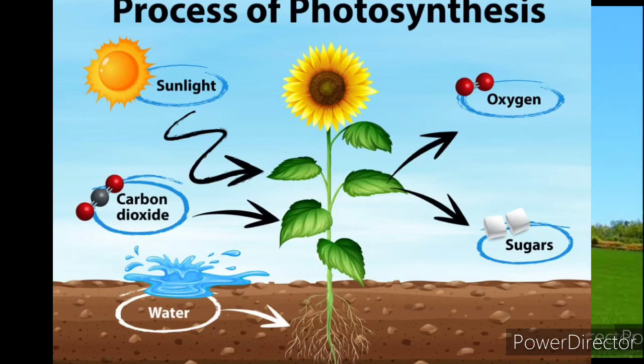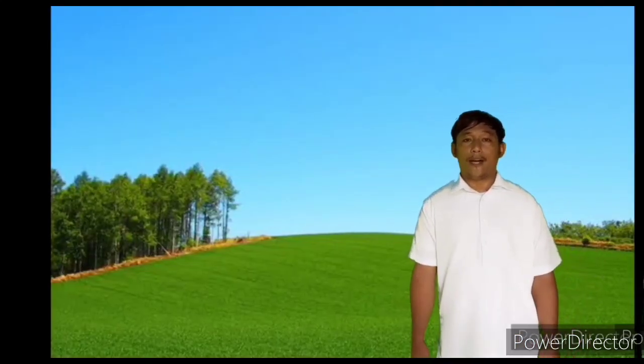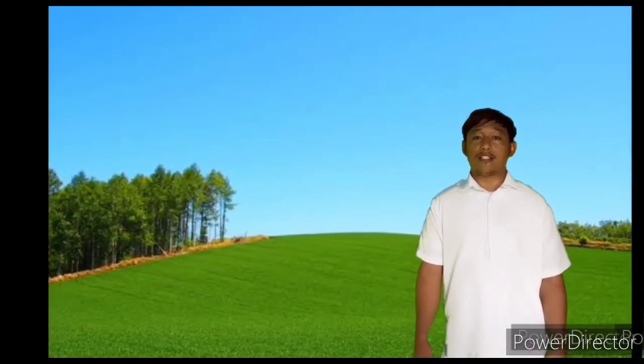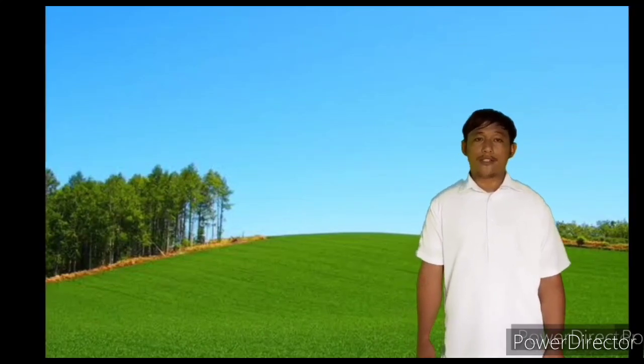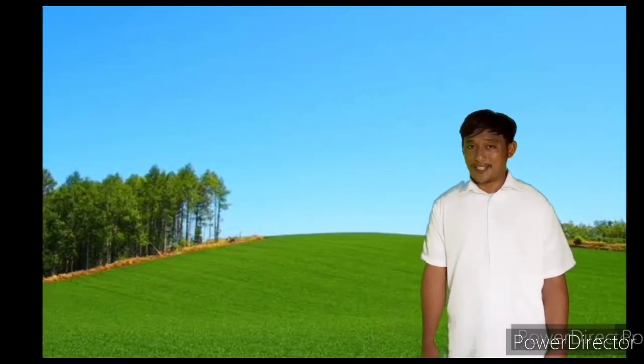Plants store food in their leaves and in their fruits. The energy stored in the plants is transferred to the animals that eat these plants. The sun is very important in the ecosystem. All living things depend on the sun in order to survive.